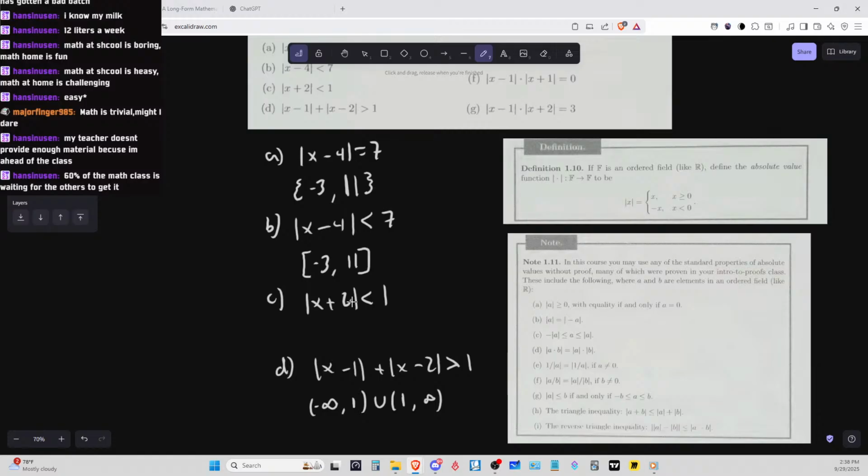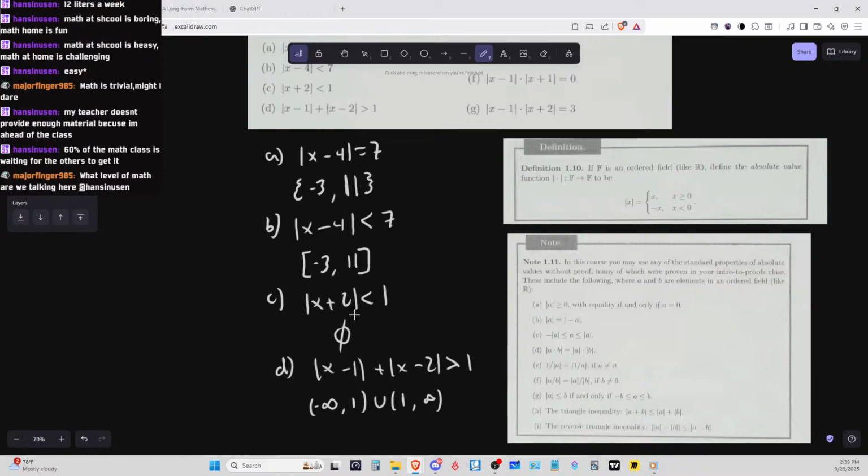Because even if I have a negative number, let's say we have -3, then that would be 1. So if we have -4, that would be 2, but then that's greater than 1 still. So I think this is just the empty set, because I don't think there's any number that we can put in there. Because if we have 0, then it's 2. And if we say -1, then that would be just 1, and that's still not less than 1.